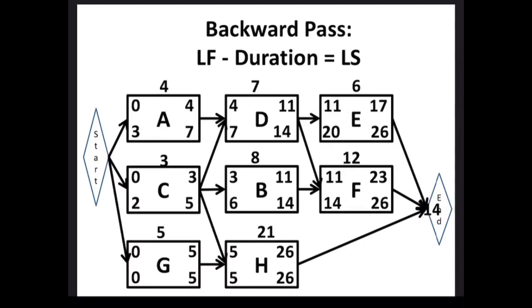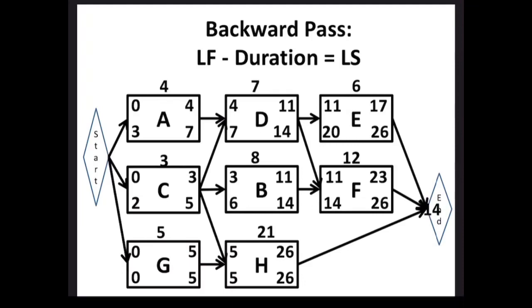Because we said every activity that's connected to end. So E is connected to the end, F is connected to the end, and H is connected to the end. Every one of those 3 activities that connects to the end will have the late finish equal to your critical path. And your critical path is 26. The longest path, the biggest number in the top right corner that connects to the end is 26.